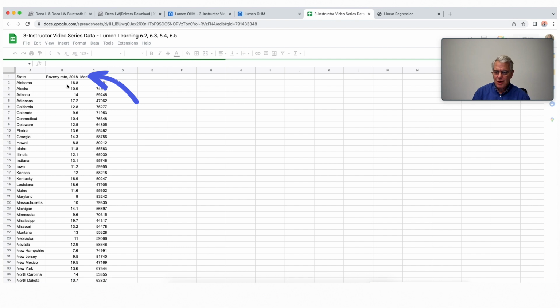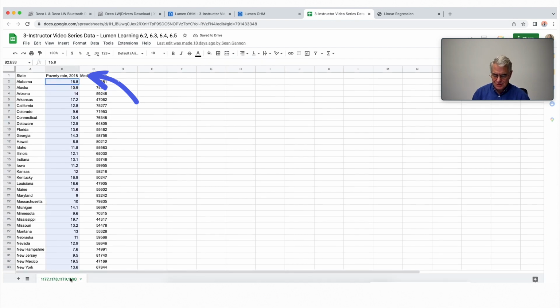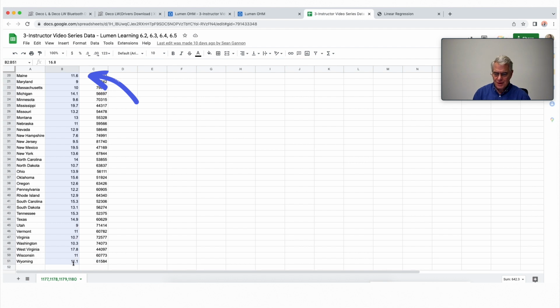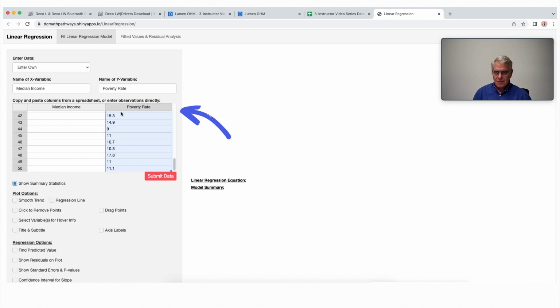And we'll put poverty rate in the Y position. There we go. Good.